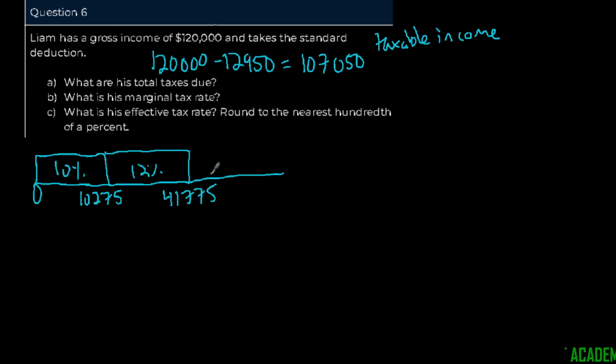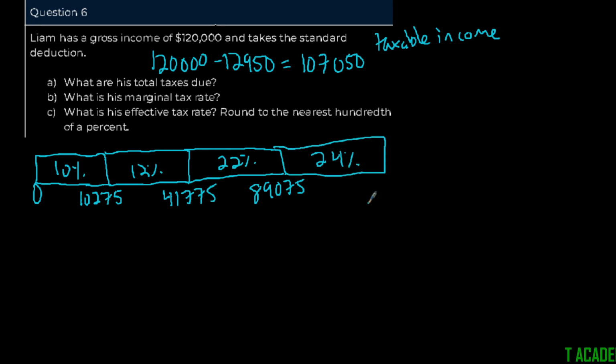Then we do 22% from that number to 89,075, and then lastly we do 24% from that number to the last, which is $107,050. So set up your brackets, set up your amounts. Again, find the total taxes due. His marginal tax rate will be 24%.